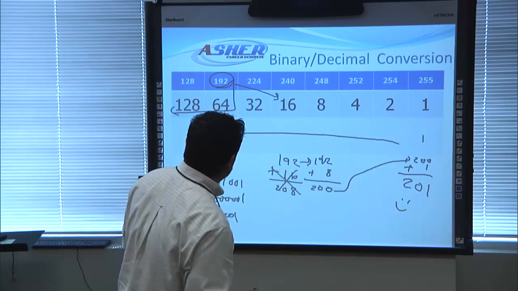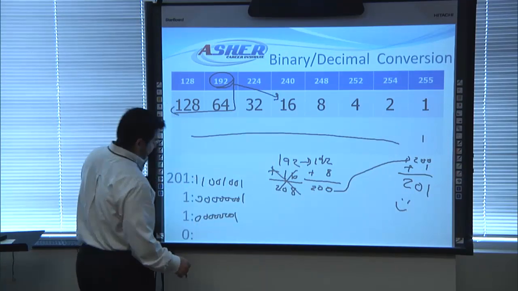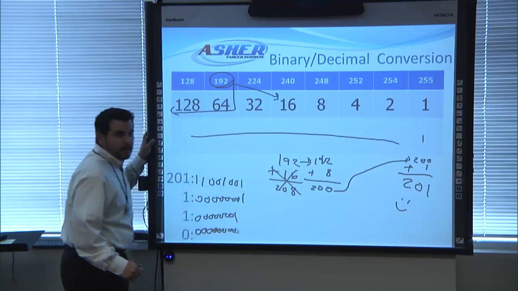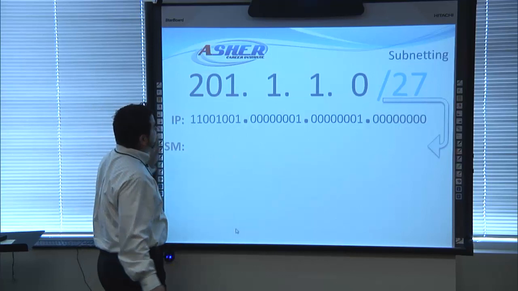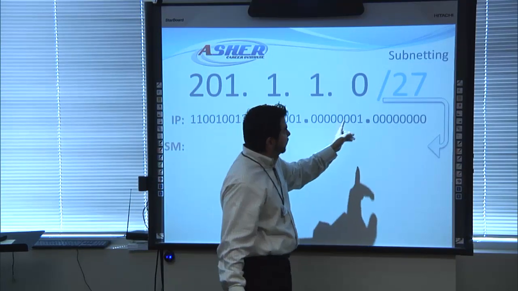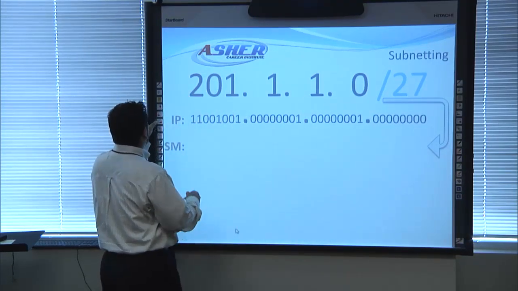You've got to get 0 now. You know how to get 0? Sometimes I say that, and they're like, I don't want the tough one. All right, so there it is. I cleaned it up a little bit: 11001001.00000001. So we've broken this into binary form.